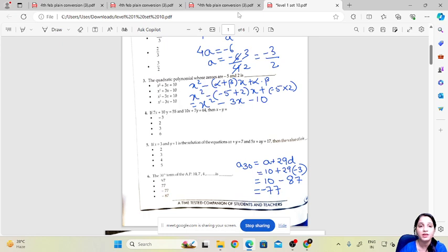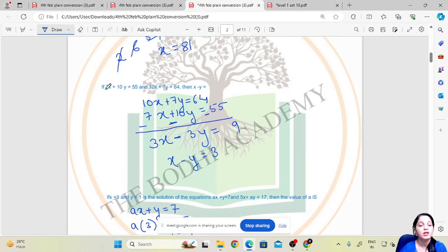And the fourth question here is, if 7x plus 10y equal to 55 and 10x plus 7y equal to 64, then x minus y is. I'll write 10x plus 7y equal to 64 first, and then down I'll write the second. Now here in the question it is asked x minus y.